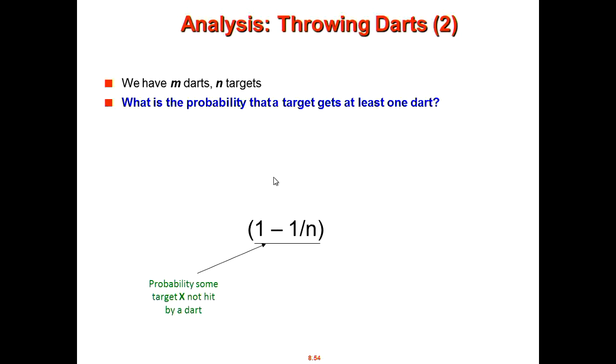And we have n... and this is the probability that a dart does not hit target X. We have m darts, right? So m darts not hitting target X is this probability to the power of m, and the probability that at least one dart hits target X, we use 1 minus this probability.